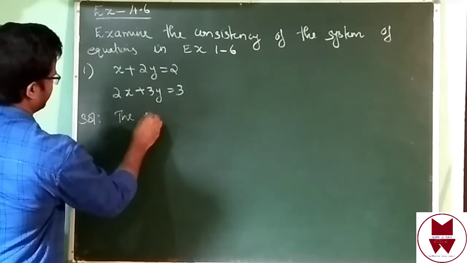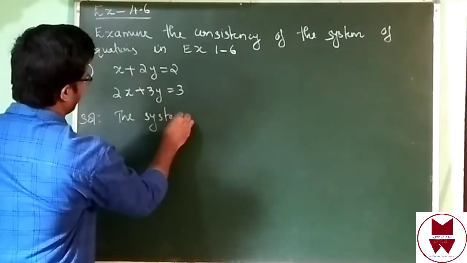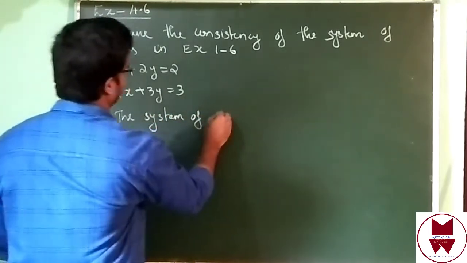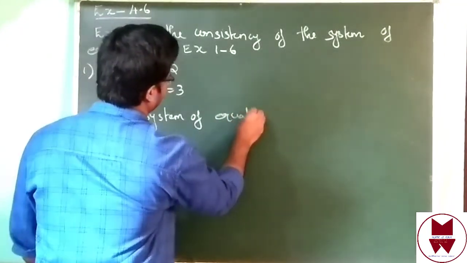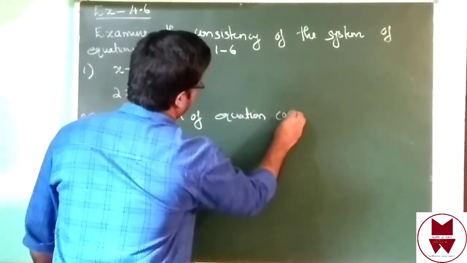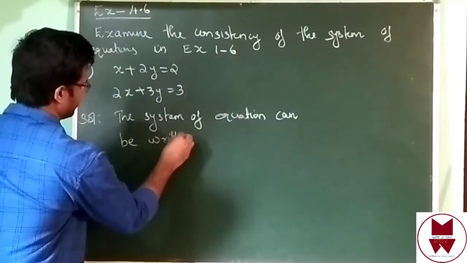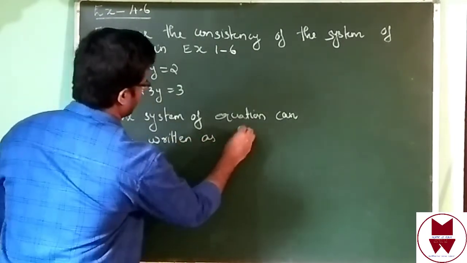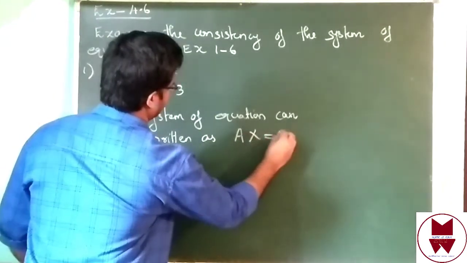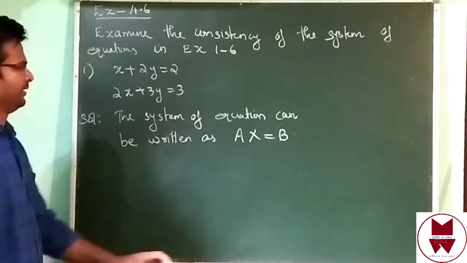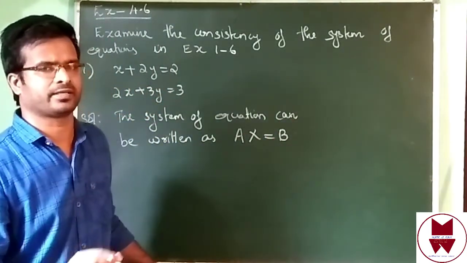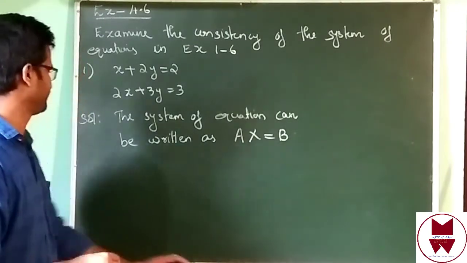The system of equations can be written as Ax equal to B. The given system of equations, first we will rewrite in the form of a matrix.